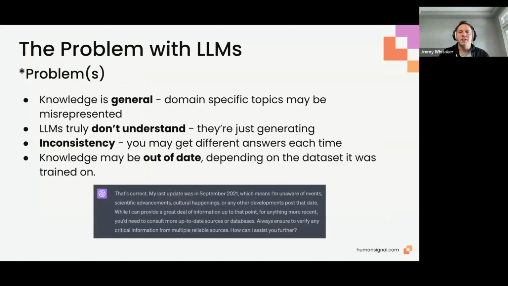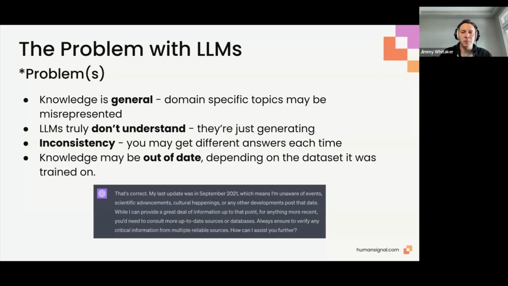But there are a few drawbacks with large language models. One is that the knowledge is general. We talked about that librarian analogy. They've read all the books, but in the response they're giving you a general response. It may not be very specific to what you're asking or what you mean to ask, but it's the summarization of all the things that have been read, distilled down to a particular snippet that's handed back to you.